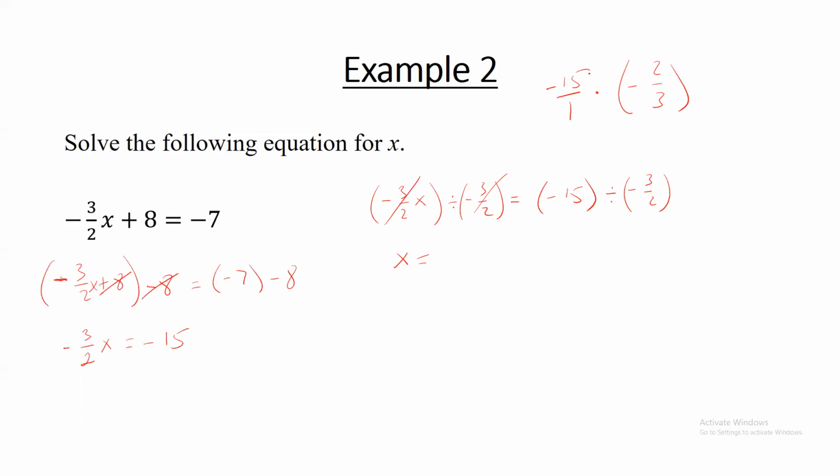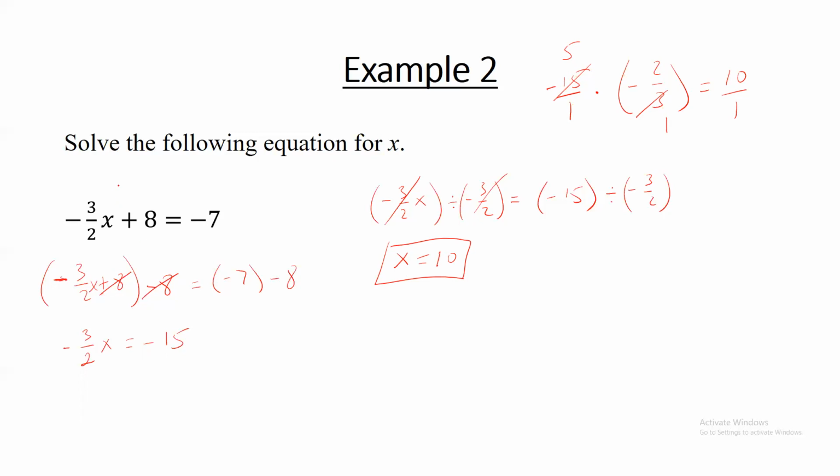Before multiplying across, we could cross cancel because 15 and 3 are both divisible by 3. 15 divided by 3 is 5, and 3 divided by 3 is 1. And now we're ready to multiply. Well, negative times negative is positive, and 2 times 5 is 10/1, which is just 10. And so our answer is 10.